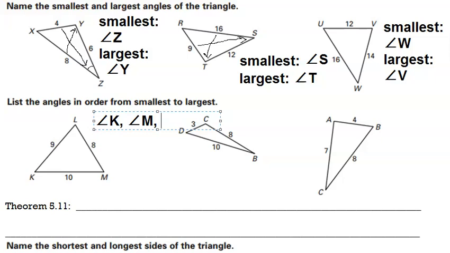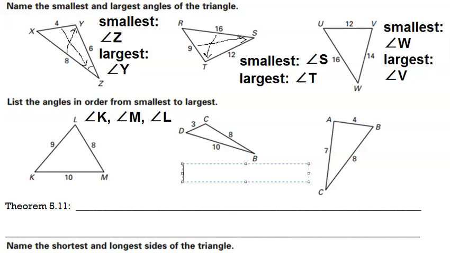And then last but not least, that would leave us with angle L. Angle L is the biggest angle because it is opposite the biggest side. 10 is the biggest side, so if we go opposite, we end up with L.